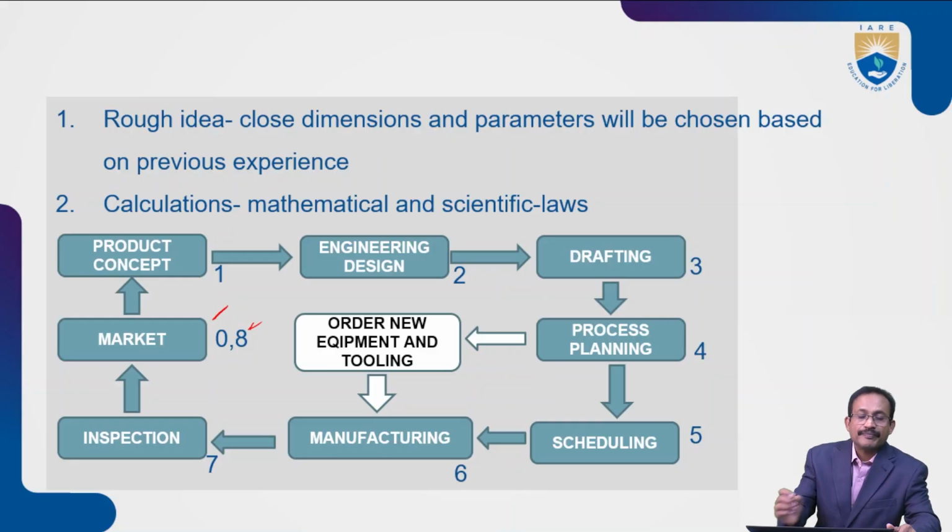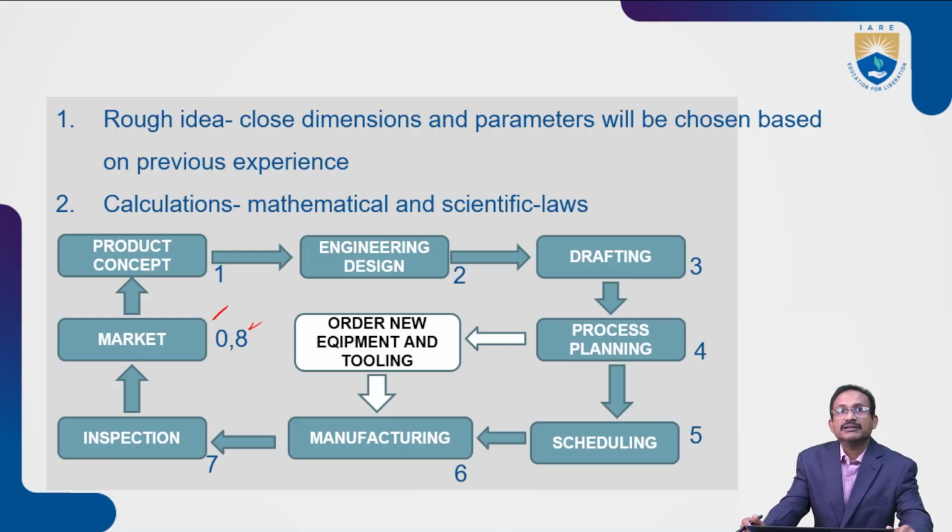Now product concept is the first one. What happens at this stage? Rough idea, that means close dimensions and parameters will be chosen based on previous experience. So in one, it starts with a rough idea.